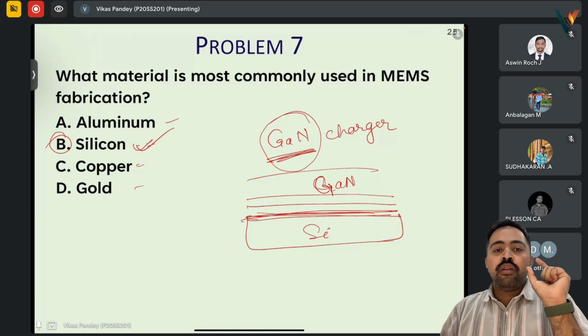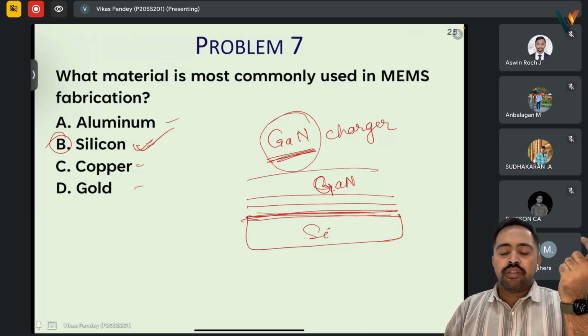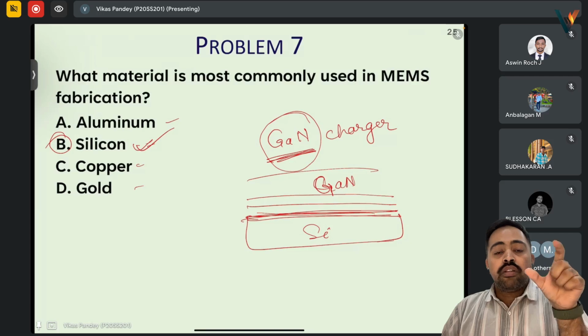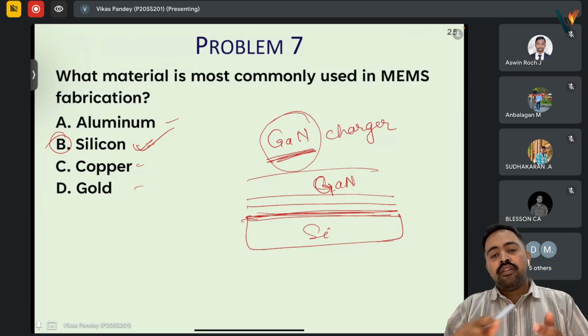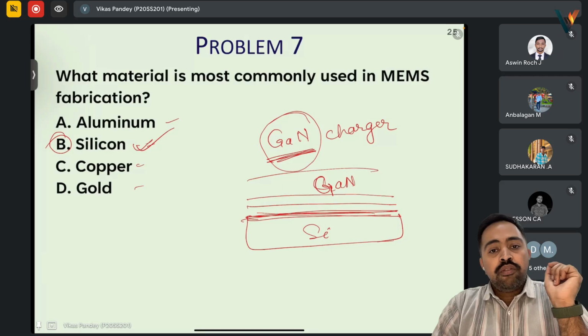So if we are importing, that 2-inch wafer will cost something around 1,000 to 1,200 rupees. But if you buy the same with a GaN layer on top, a properly grown GaN layer, it will cost you more than 50 to 60,000.